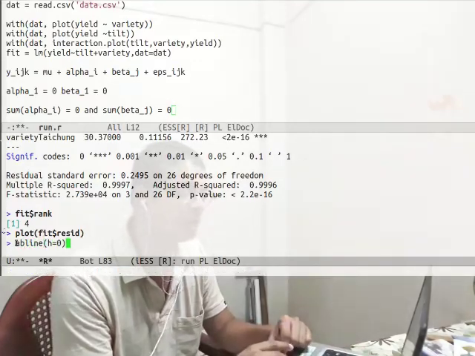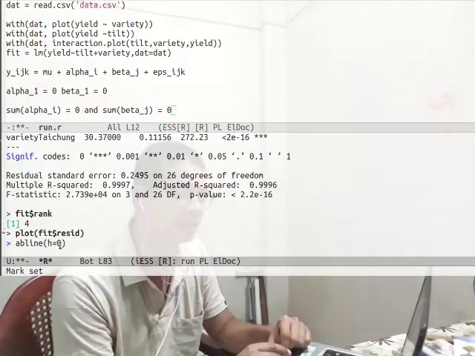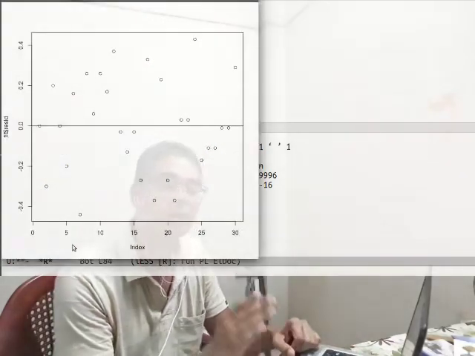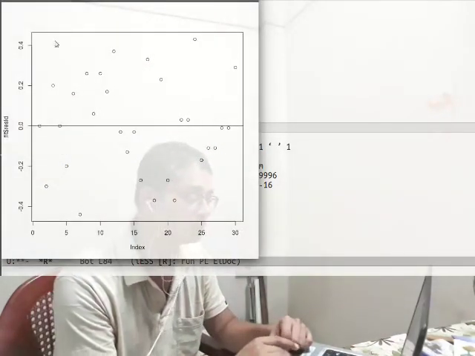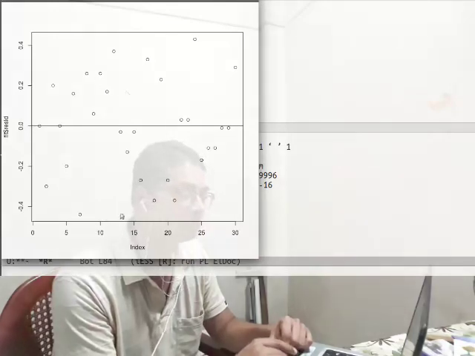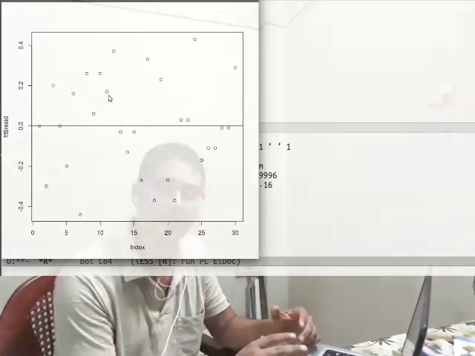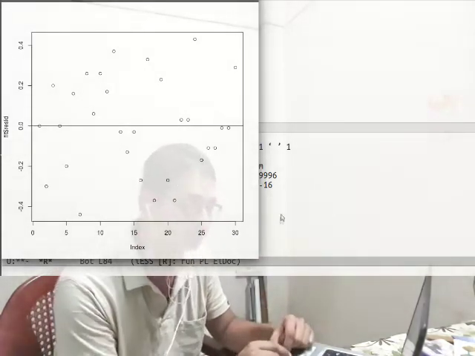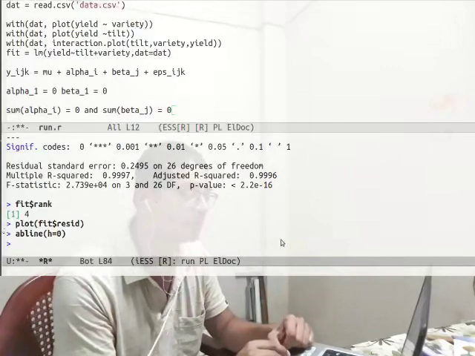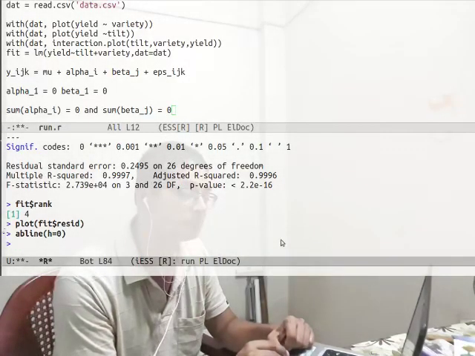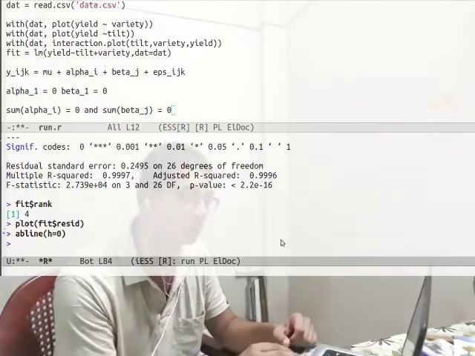So abline will add a line, h equal to 0 means a horizontal line at the value 0, and it will add to the existing plot. So this is the line, and this is nicely symmetrically arranged around 0, and I do not see any specific pattern, so I am happy with the fit. Okay, so that's basically all that I wanted to say about fitting this model using R.